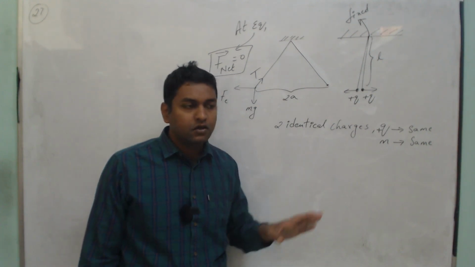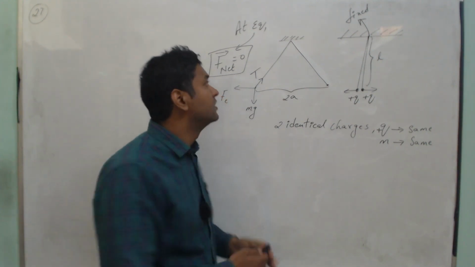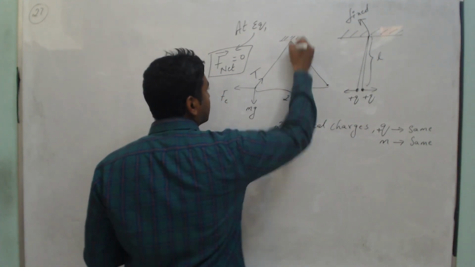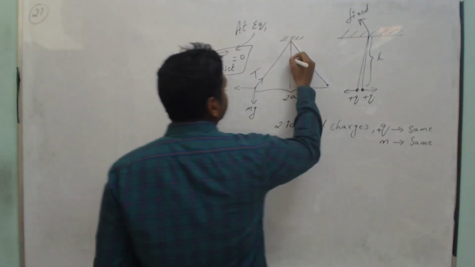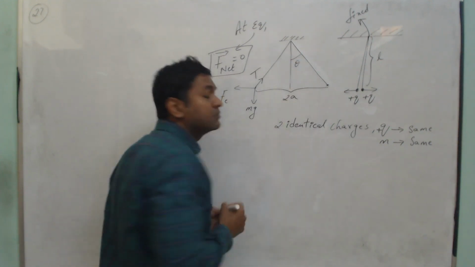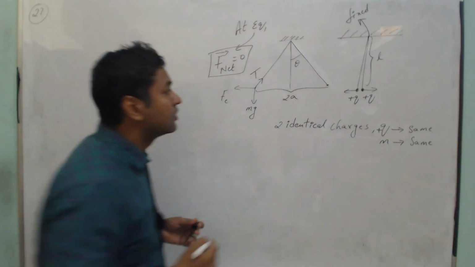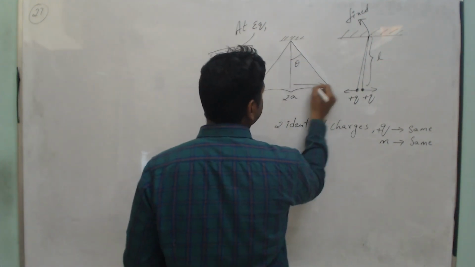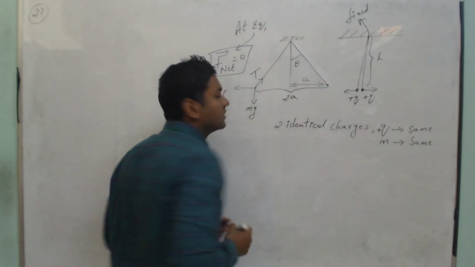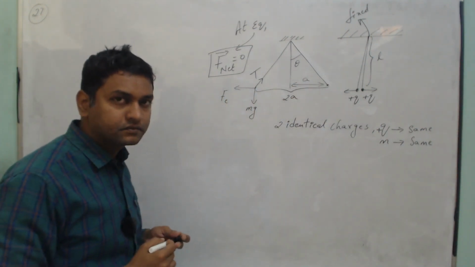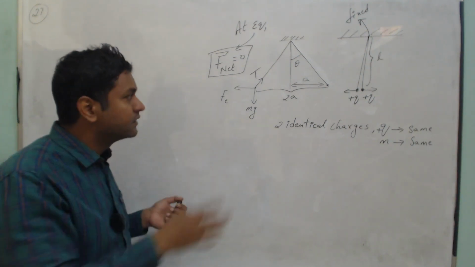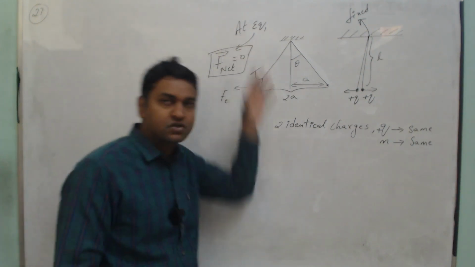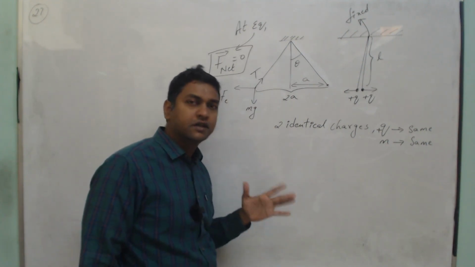Now, maybe he is asking me to find this angle theta, since there will be symmetry, or maybe the distance A. But one thing is for sure, he is talking about equilibrium position, correct?